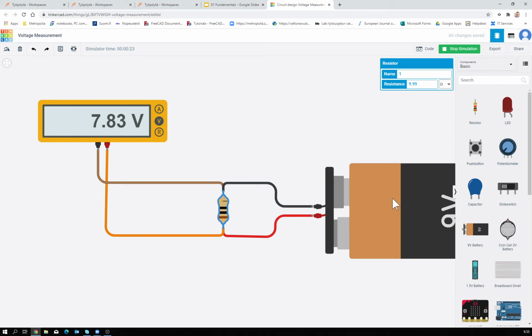So part of that 9 volts is consumed inside the battery. But anyways, the voltage is just measured in between. This is the multimeter. In Tinkercad, you can measure either voltage, current, or resistance. Measuring the voltage is just between the terminals.